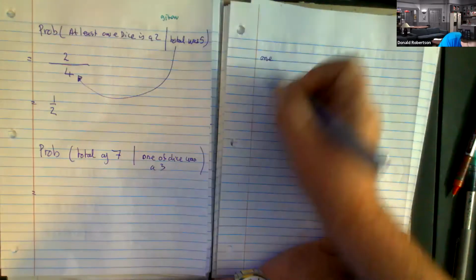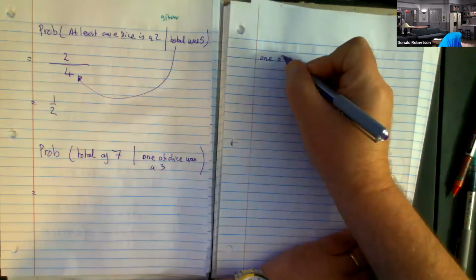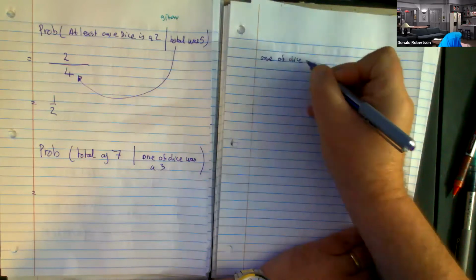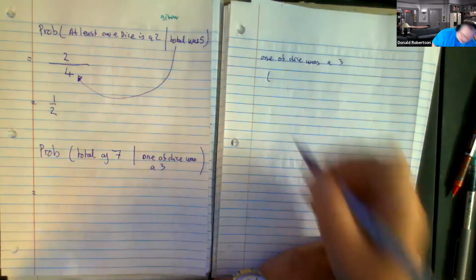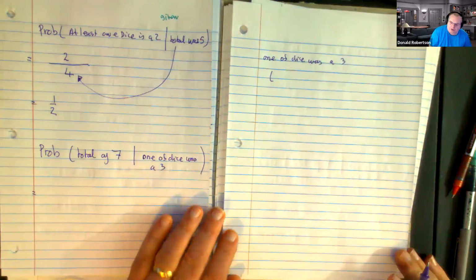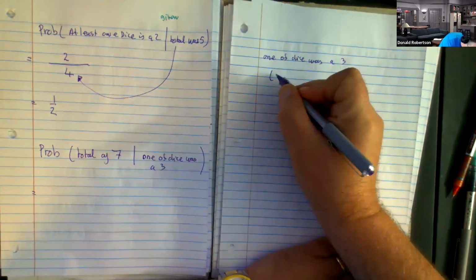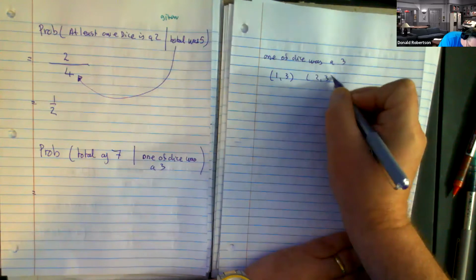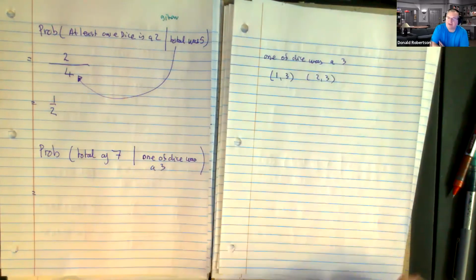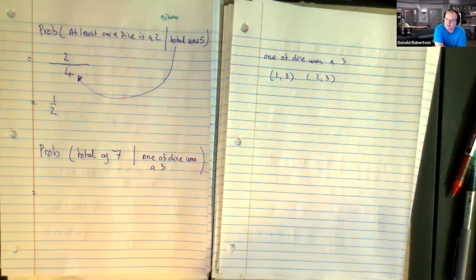Let's look at the given piece of information. One of the dice was a 3. So I'm going to write down every dice I can think of where one of them is a 3. So I could get a 1 and a 3, a 2 and a 3. Why am I not doing a 3 and a 3? Why am I not doing a pair of 3s?